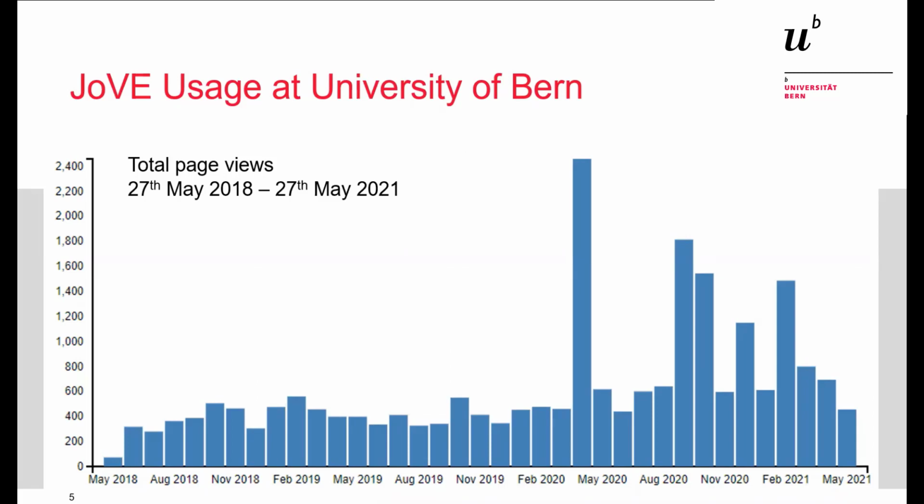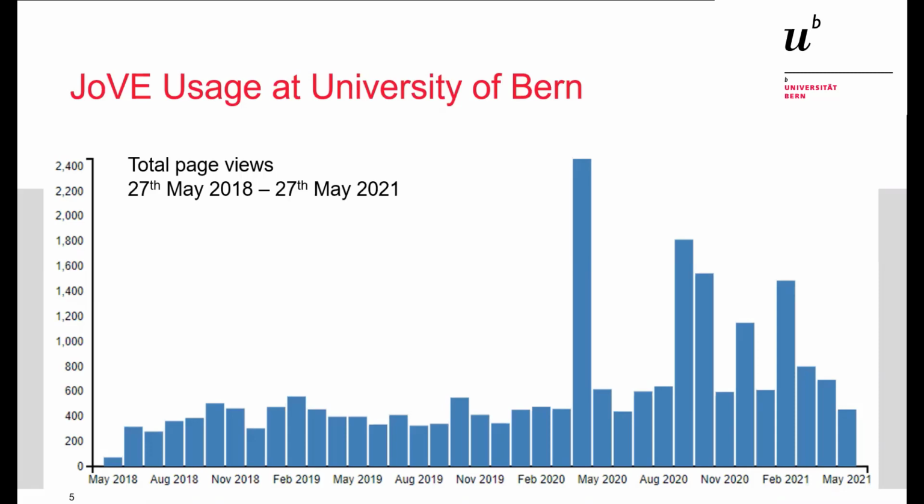The usage of JoVE at the University of Bern increased by the beginning of the COVID-19 pandemic. You see here total page views across the last 3 years, going back to May 2018. And you see that in April 2020, there was a huge increase in usage.